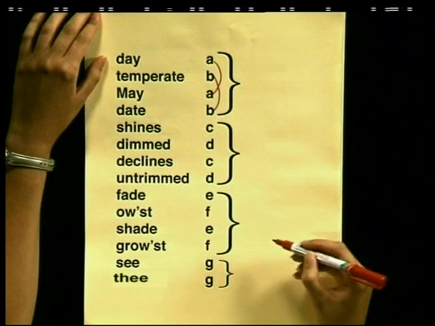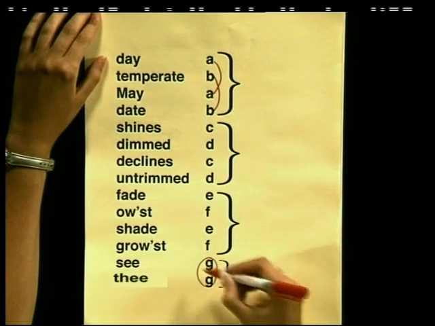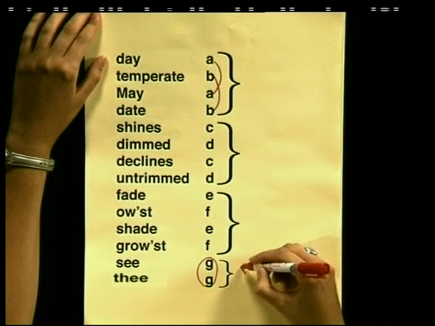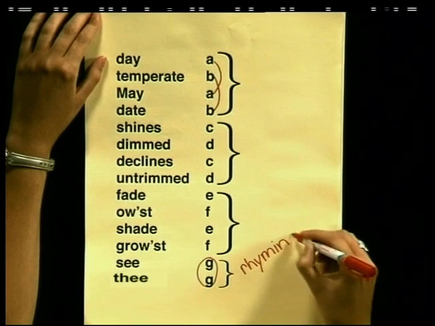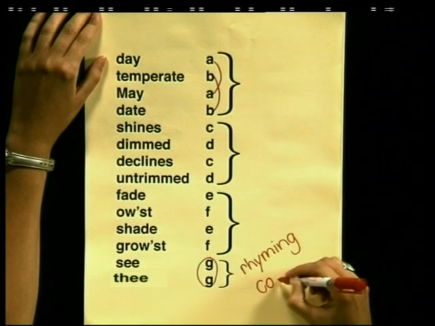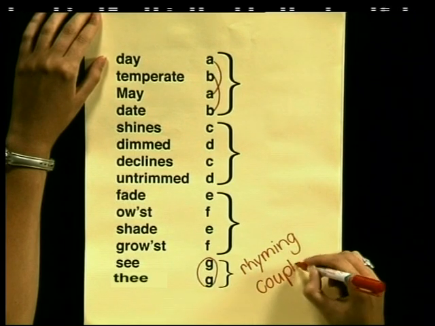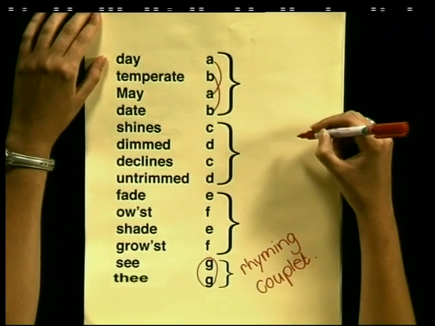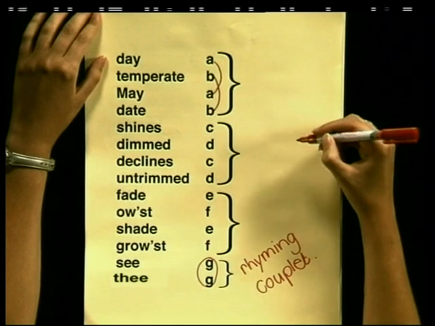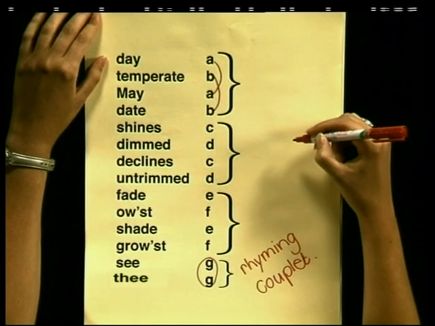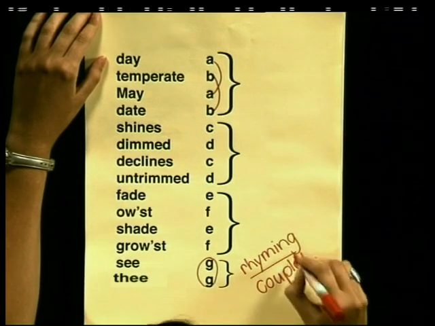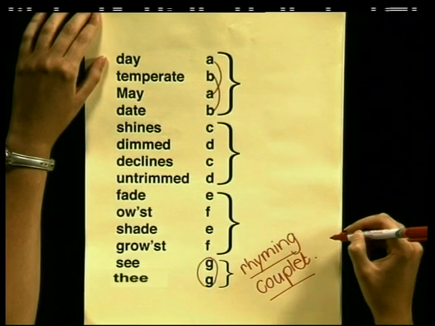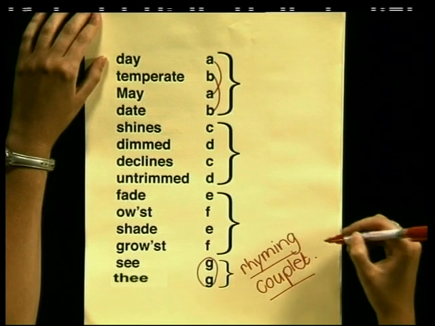And then the final two lines form the rhyming couplet. The easiest way to differentiate between an Elizabethan and an Italian sonnet is to look for the rhyming couplet at the end. The Italian sonnet definitely does not have one.